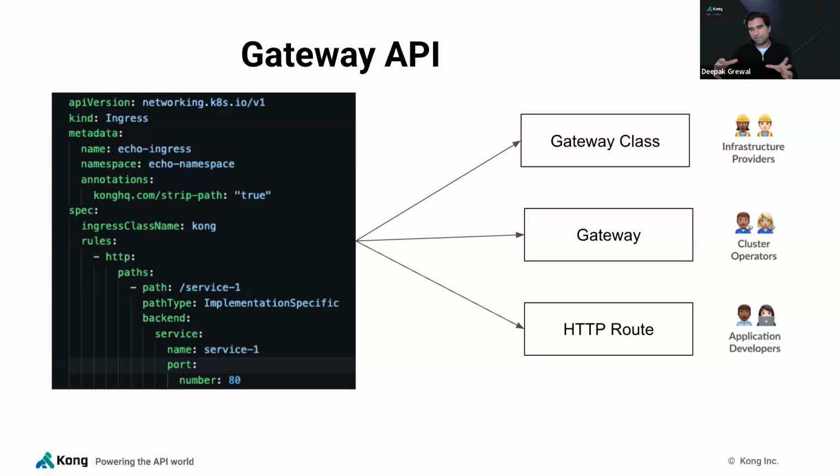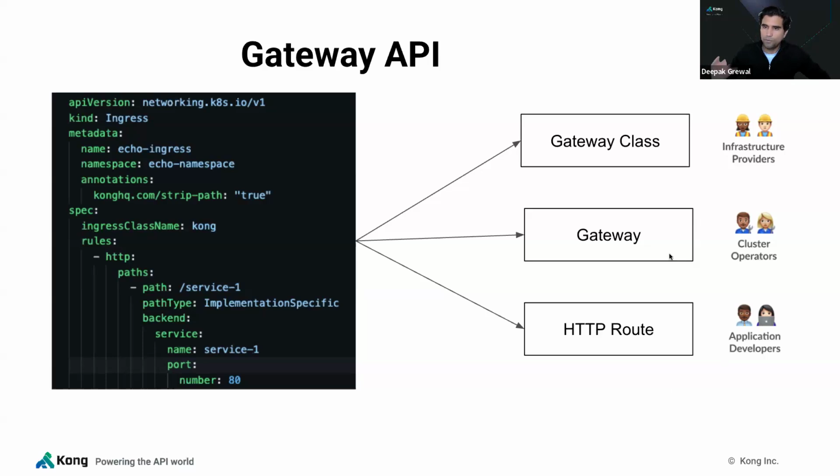The recommended way is that the infrastructure providers, so the cluster operators and cluster managers, would manage the gateway class and gateway, and then the application developers would manage the actual underlying routing within those clusters. And so that's what the Gateway API is. It is the evolution of Ingress. And Kong has been at the forefront of this. We've supported Gateway API from day one. Like I said, we are also actively involved in the SIG committee for this Gateway API.